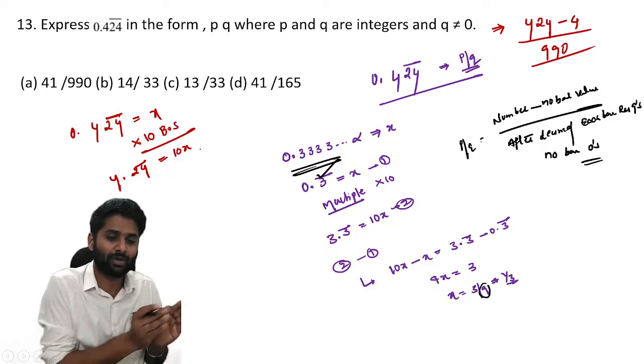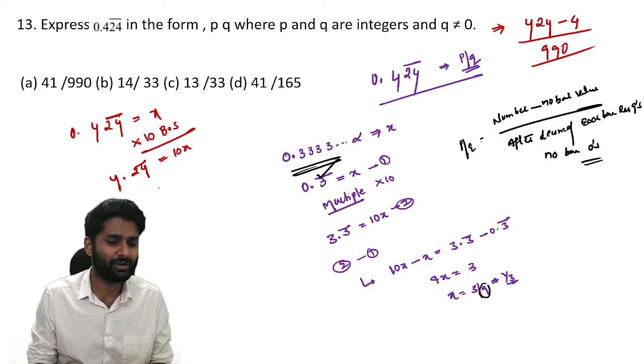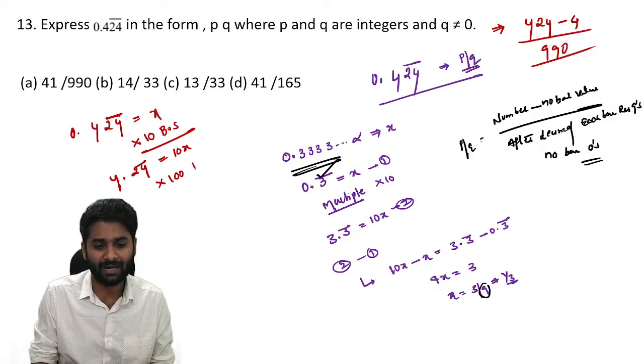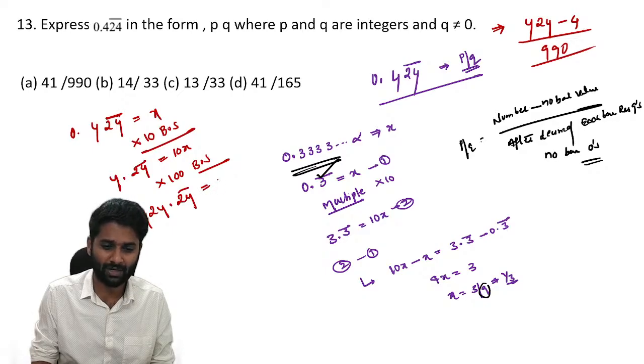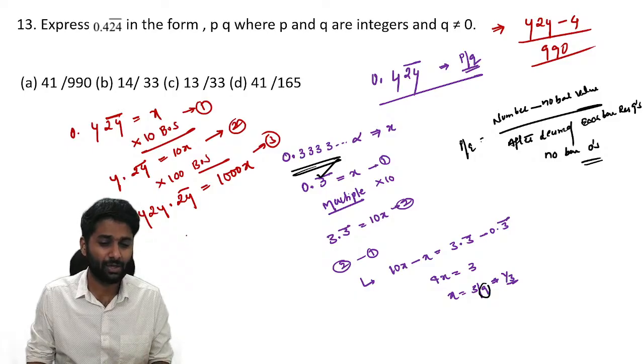Now first we have to remove the no-bar value. After that, remove the bar value. How are we going to remove the bar value? Multiply 100 on both sides. Then it becomes 424.24 bar is equal to 1000x. Now these are the equations. Our task is to eliminate the bar part, right?